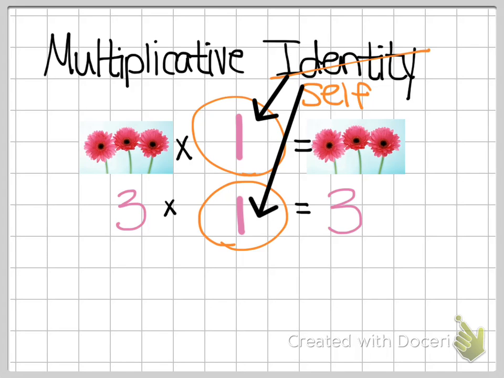So 1 is what we call the multiplicative identity. Any time that I have a number and it is multiplied by 1, it's going to give you the same number in return. So you can think about this like groups. If I have a number and I only want one group of that number, it's going to be the same number in the end.